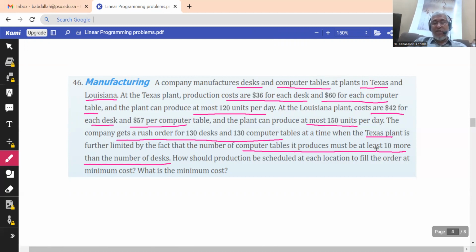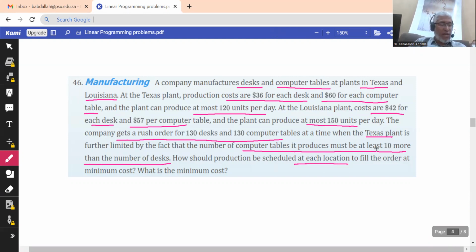So this is also a constraint about the Texas plant. And here comes the question. How should production be scheduled at each location to fill the order at minimum cost?